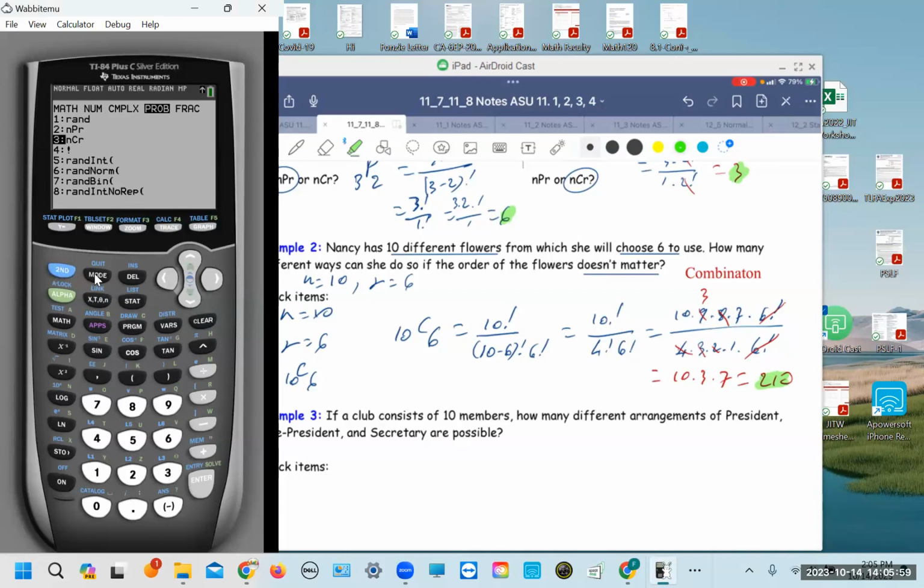Because we have 10, I forgot that. I can do 10 first or I can do 10 later on, it's okay no matter what. So 10 and pick out 6. We can enter. See? It's the same, 210.